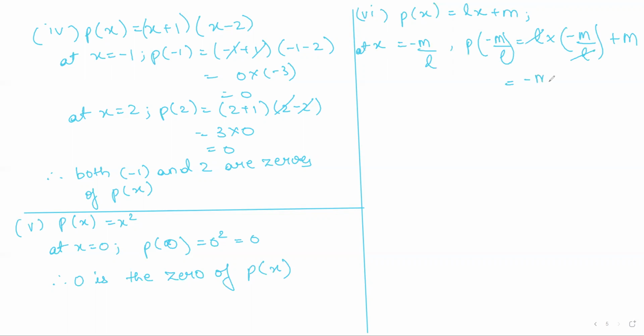This is minus m plus m. These two will get cancelled and you're left with 0. Therefore, minus m upon l is the zero of P of x.